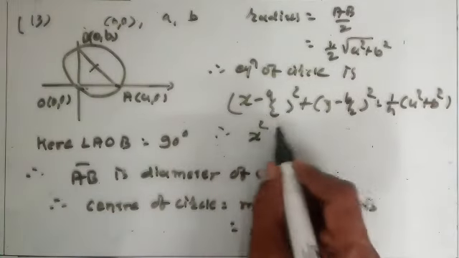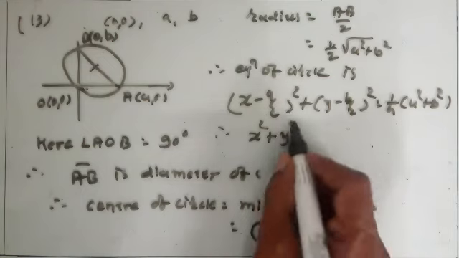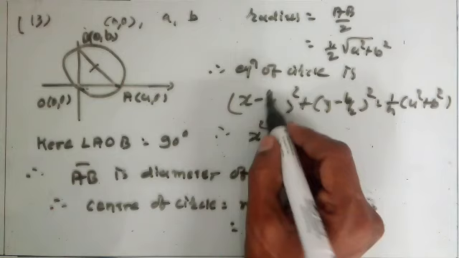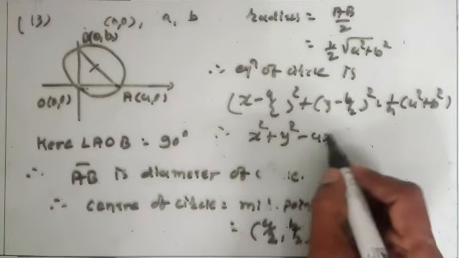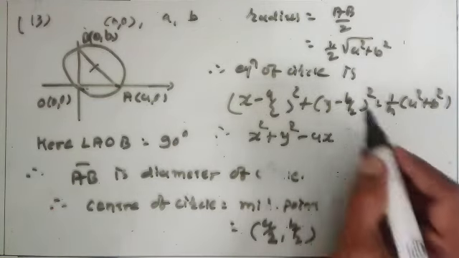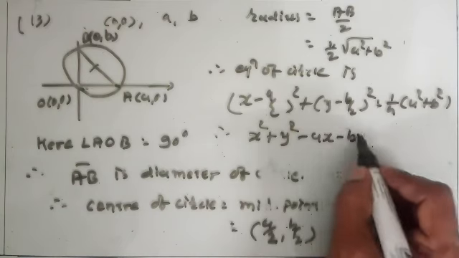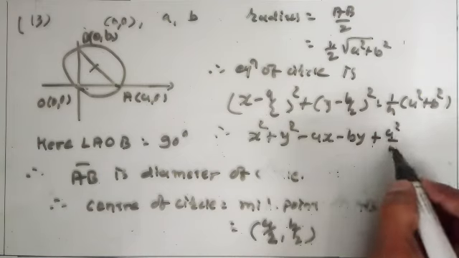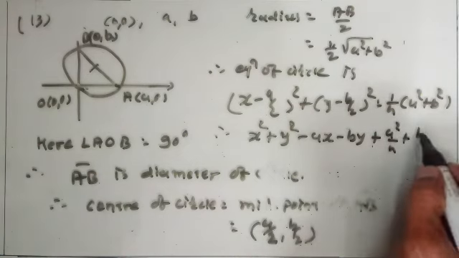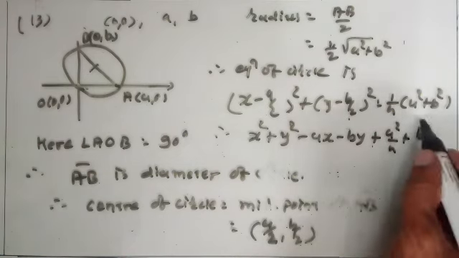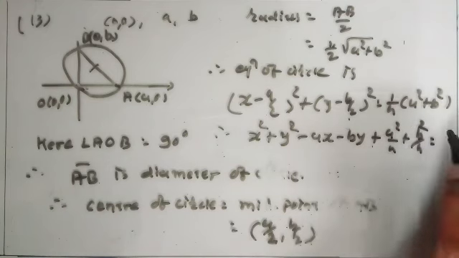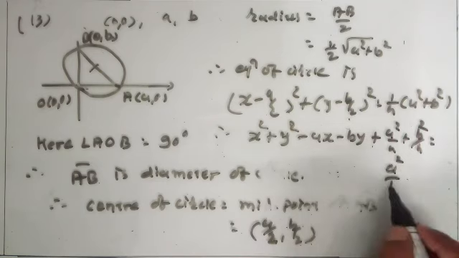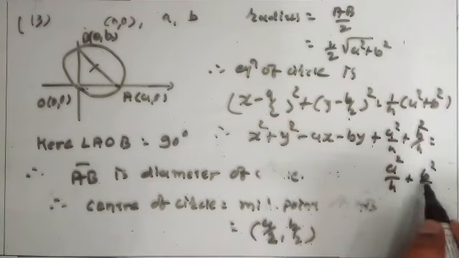We get x square plus y square minus 2 into the product of these two, ax by 2, minus 2 into the product of these two, by by 2, plus the square of a by 2, a square upon 4, plus the square of b by 2, b square upon 4, is equal to a square upon 4 plus b square upon 4.